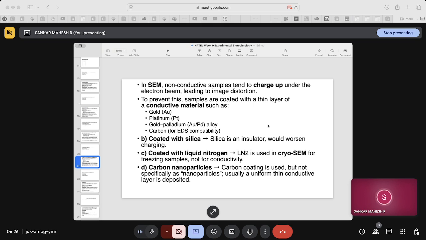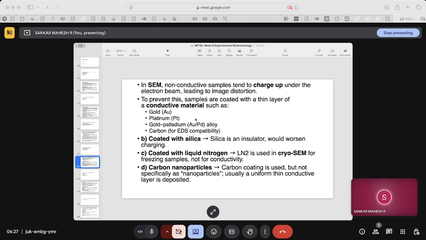So usually they are coated with a thin layer of metal or metal alloy like gold. People routinely do gold plating. You might have observed samples being plated with gold, or they also use platinum, or a gold-palladium alloy. When you do this, it makes it conductive.